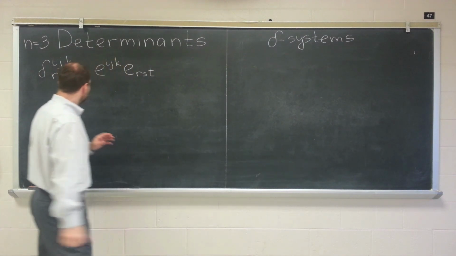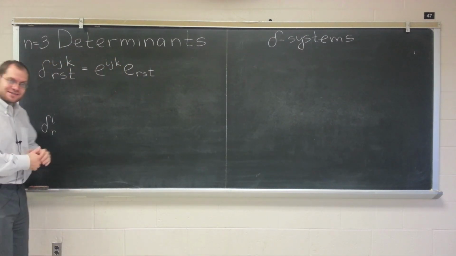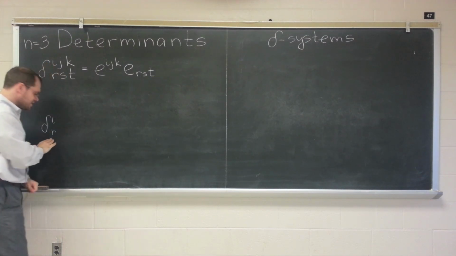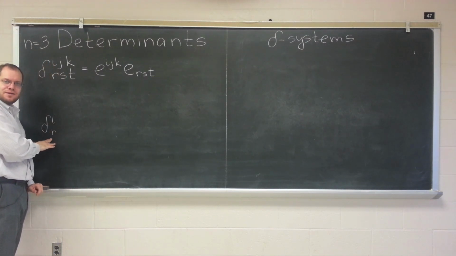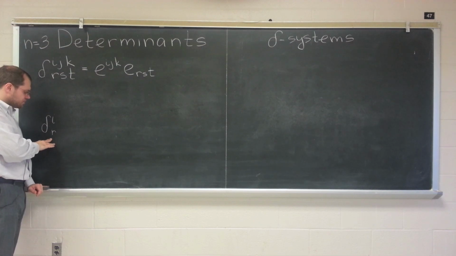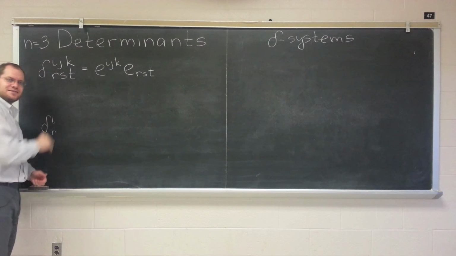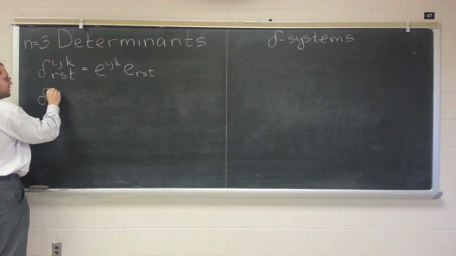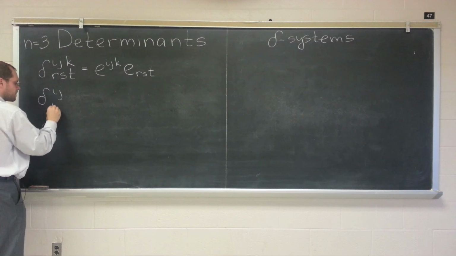It's quite nice. You're actually familiar with two of the delta systems so far. One that we just introduced, and the Kronecker delta also belongs to the family of delta systems. So what's interesting is the delta system in the middle, which will just have a pair of indices on top and a pair of indices on the bottom.